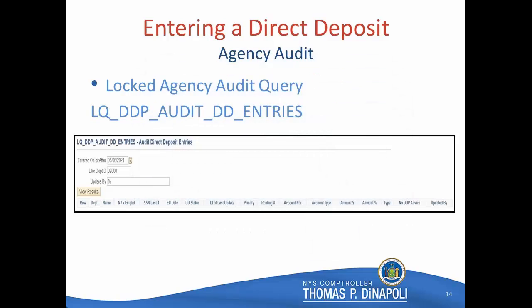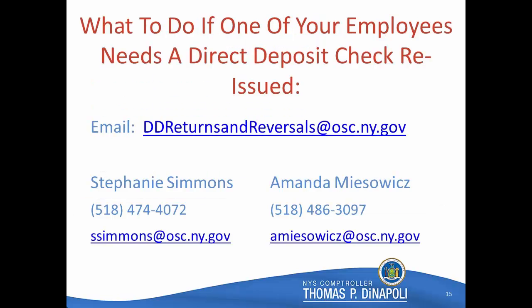If an error is identified that was entered there or needs to be corrected after the cutoff for a pay cycle listed on the agency submission schedule, the OSC direct deposit team should be contacted as soon as possible to determine if the change can be made before the confirm of that paycheck.